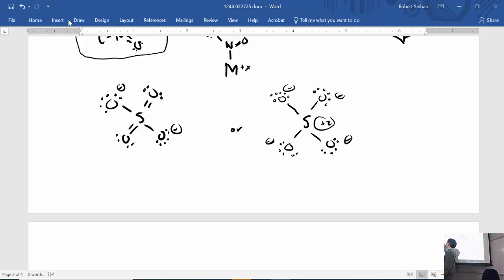So what we're going to do is expand the octet, which brings sulfur's formal charge to 0. Fairly recent quantum mechanical calculations show which structure to be more accurate.